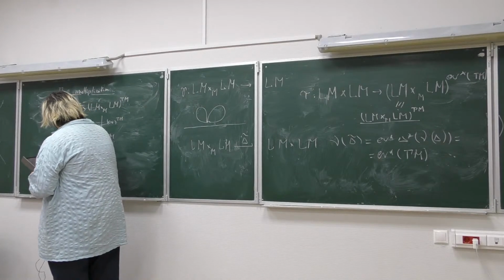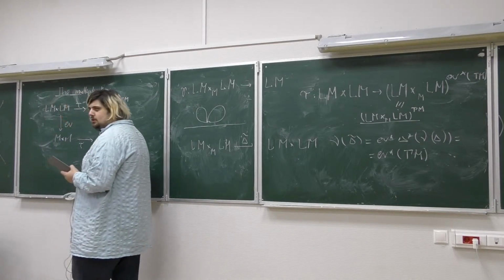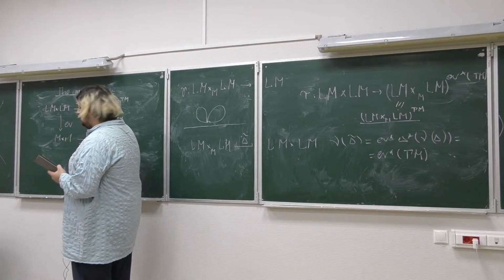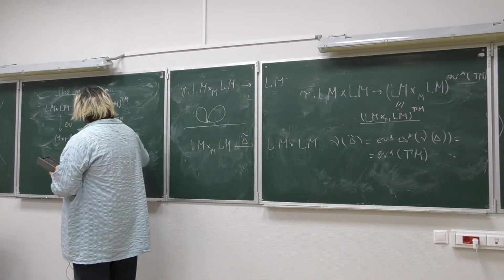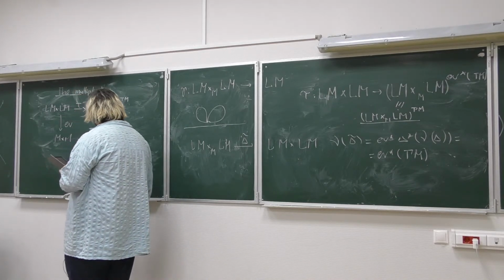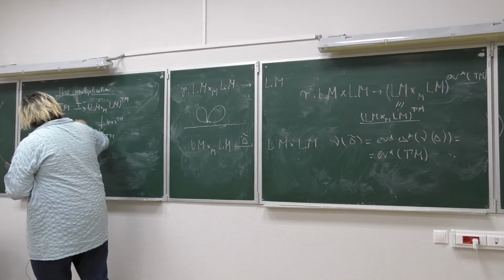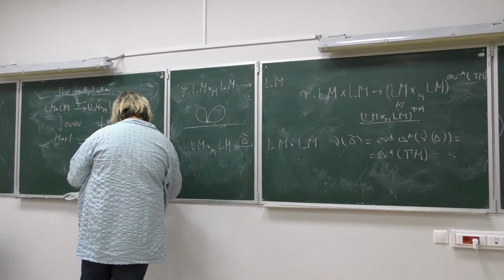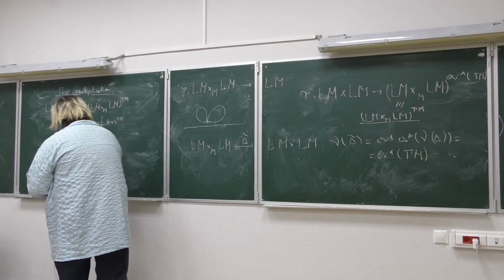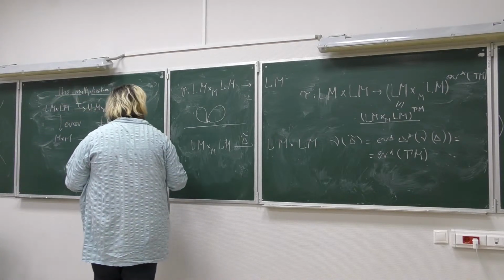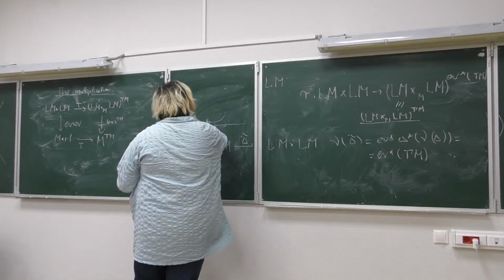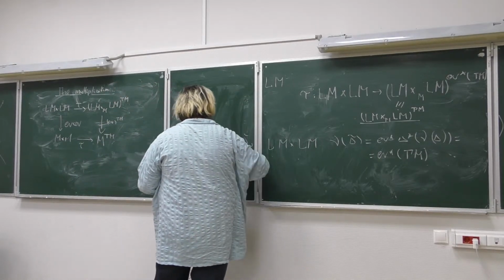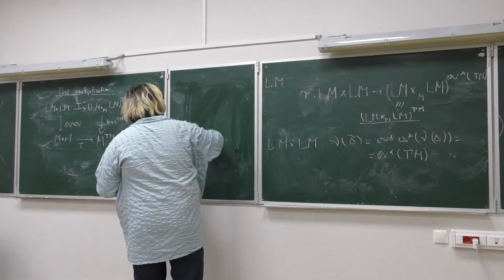We have this collapse map here, and we have the same collapse map here. And so everything works. So one may view this map induced by tau on homology as intersection product.